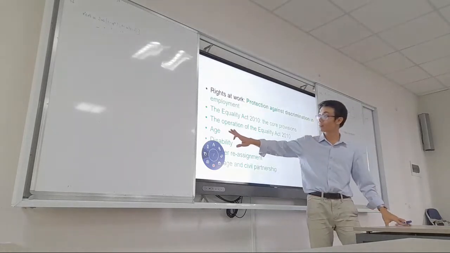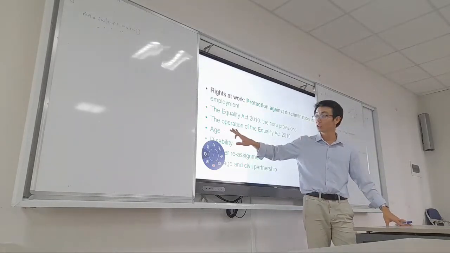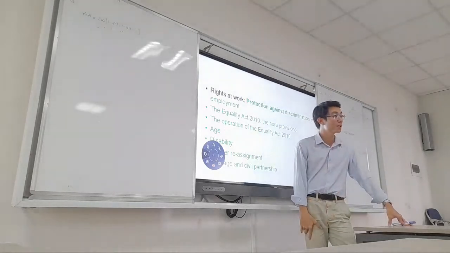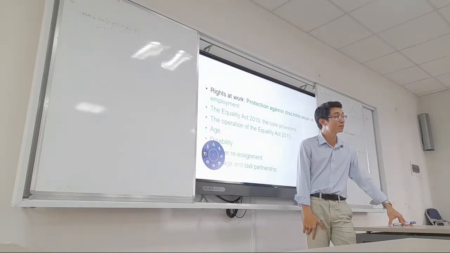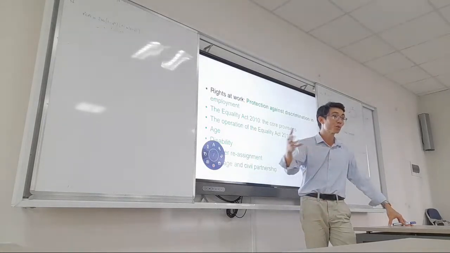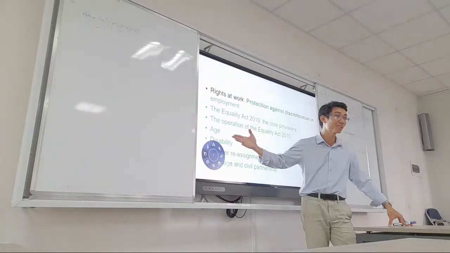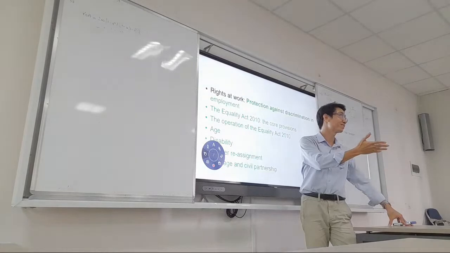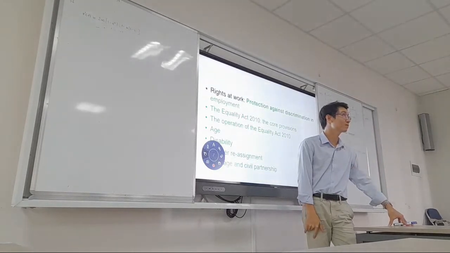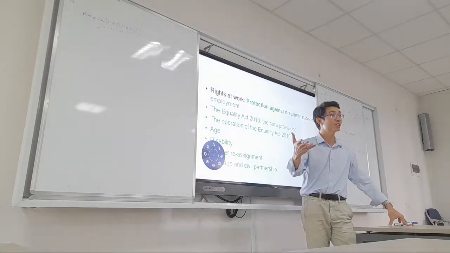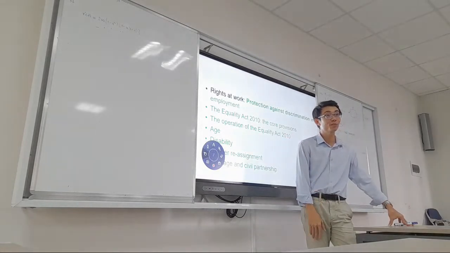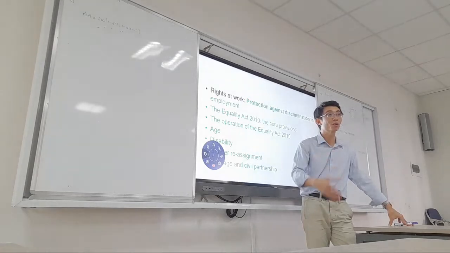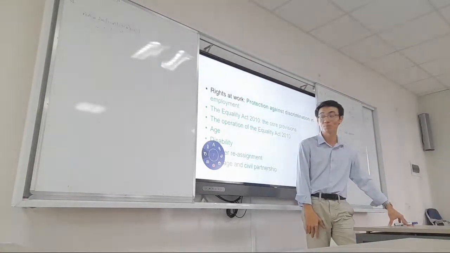So the second is about age. Now we are young, we can work better from 18 years old until 30. But what happens if we are more than 40, 50, 60? When we reach certain ages like 50, our life is more difficult, okay?